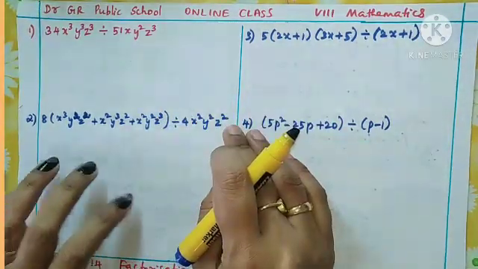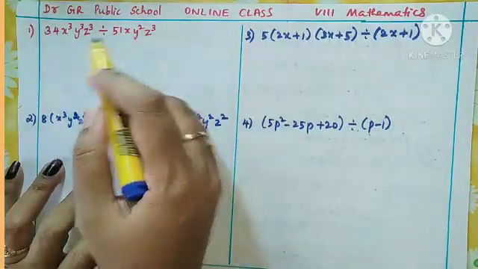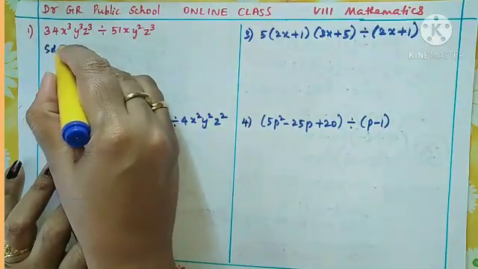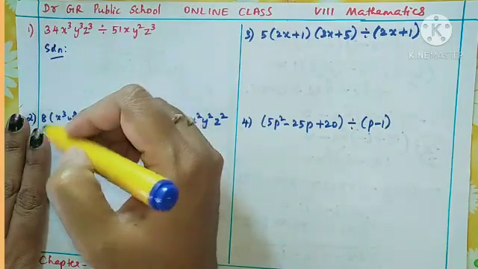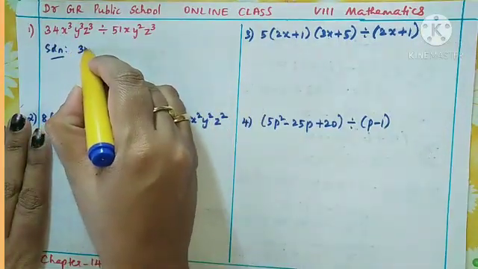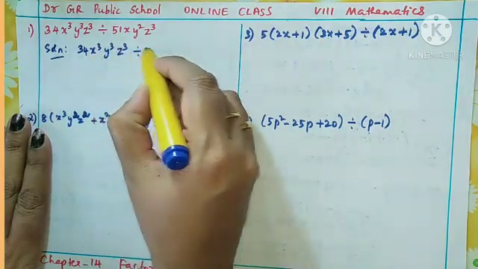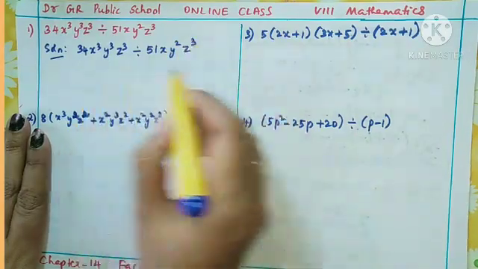So this is your first problem. Here monomial divided by monomial. So how to write the solution? Because this is division, we need to write numerator divided by denominator. So 34x cube y cube z cube divided by 51x y square z cube. I wrote the question once again.